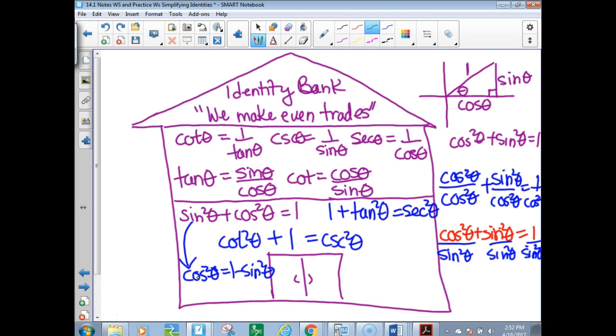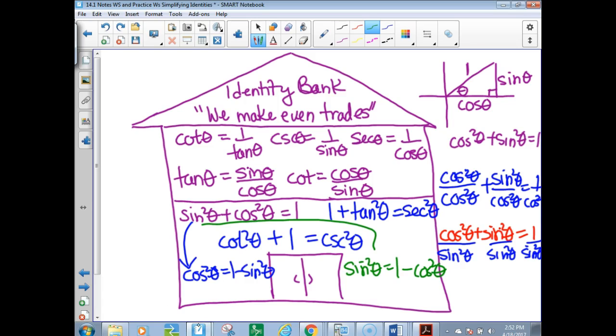Instead of cosine squared, let's say sine squared. It would equal 1 minus cosine squared. You can play around with this stuff a lot. All I'm pointing out is we're going to be using this one today, and this one, and all of this now.